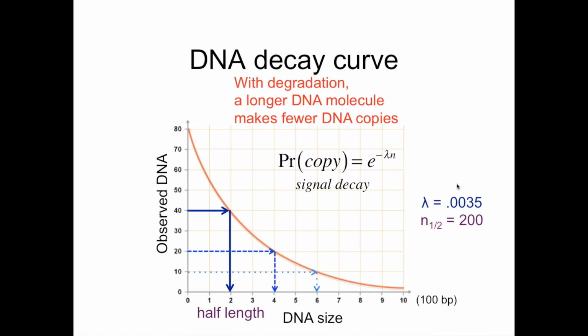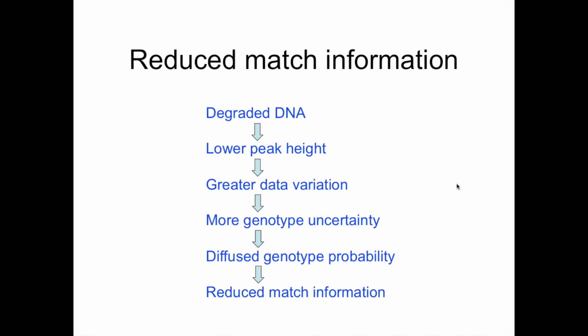If we halve the amount again to 10 on this relative scale on the y-axis, that brings us out to another 200 base pair, or 600 base pair. So this is what a decay curve looks like. For a fixed amount of additional half-length, we halve the amount of observed DNA. And so as the fragments get larger, the amount of signal gets less.